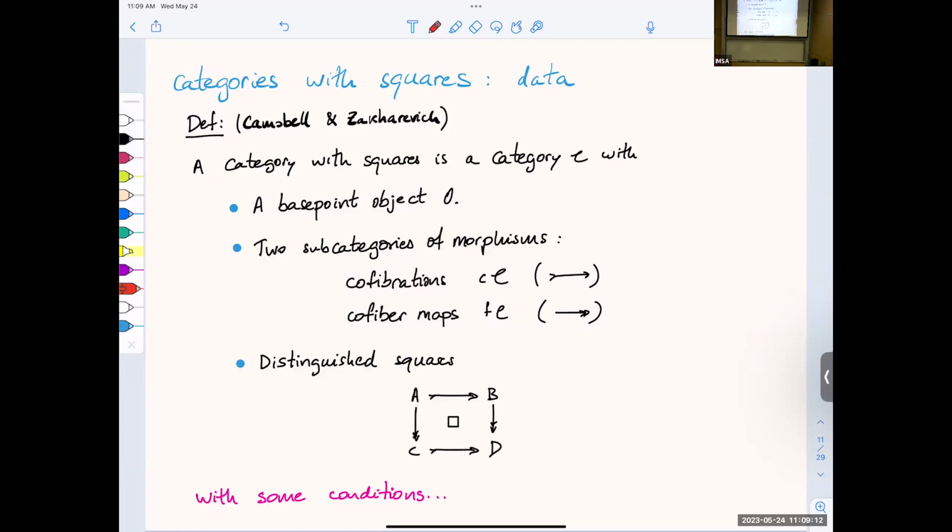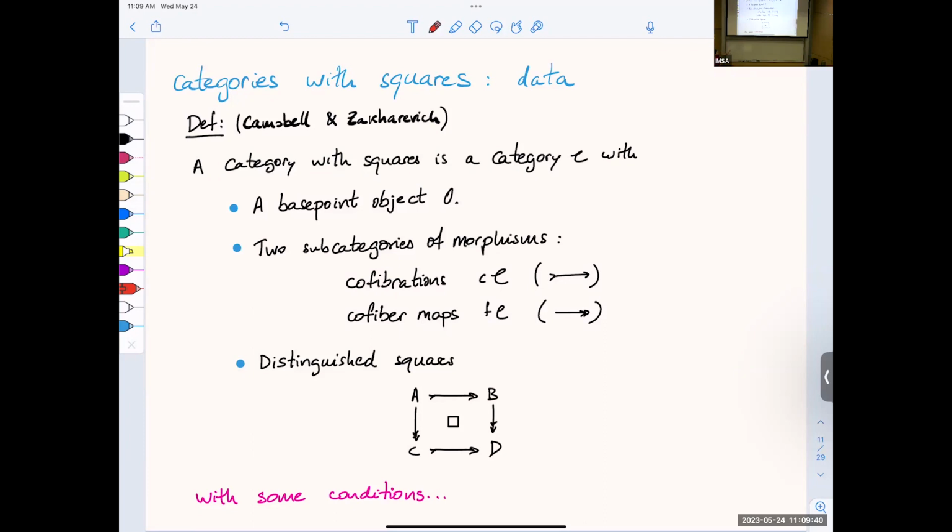Right, so what's the definition? What's a category with squares? A category with squares is a category. We are going to have a base point object. And the category is going to have, as all categories, morphisms, but we're going to have morphisms in two subcategories of morphisms, cofibrations and co-fiber maps. And maybe the most important piece of information in this slide is that the category comes with distinguished squares.